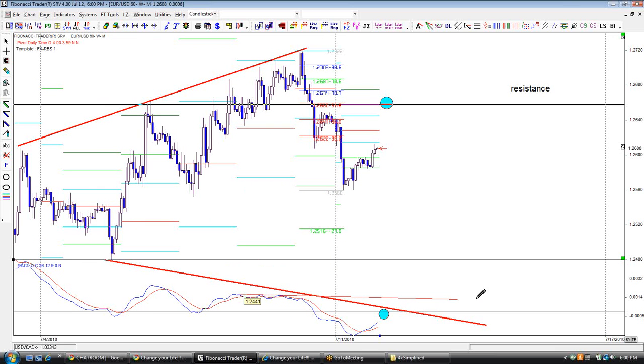I'll make sure that the MACD does not move higher than this level, or the previous curve where the price was at its highest point. So we don't want the MACD moving above.